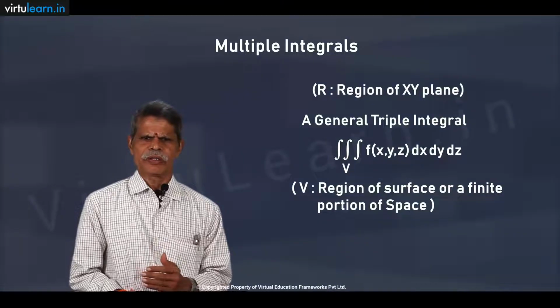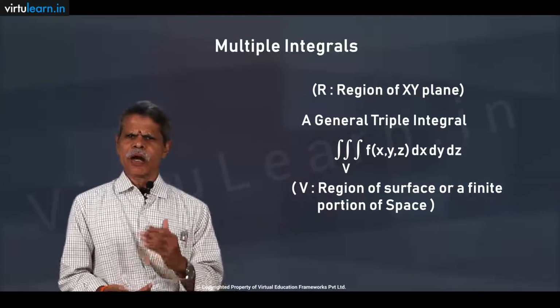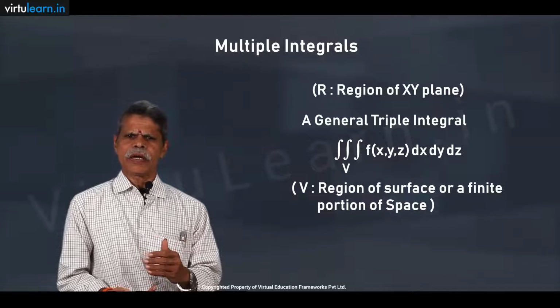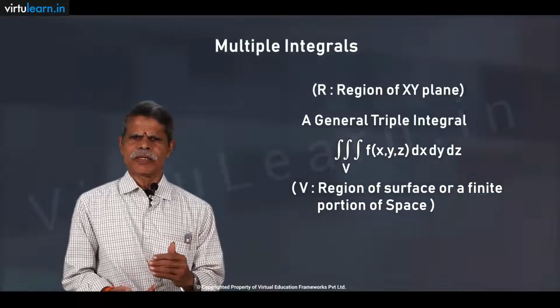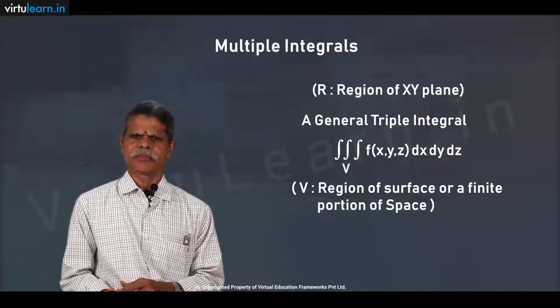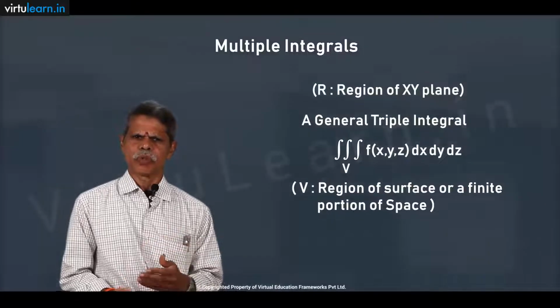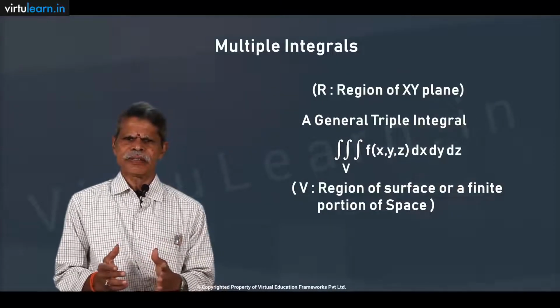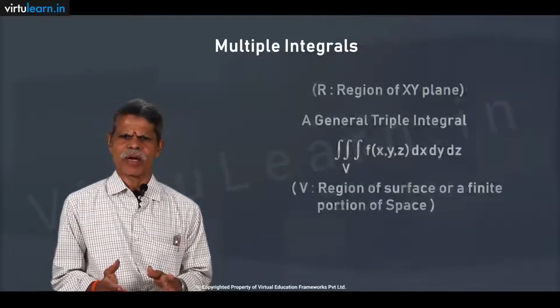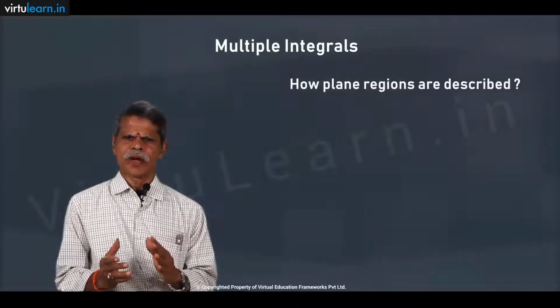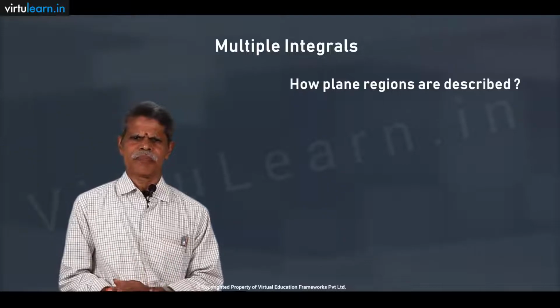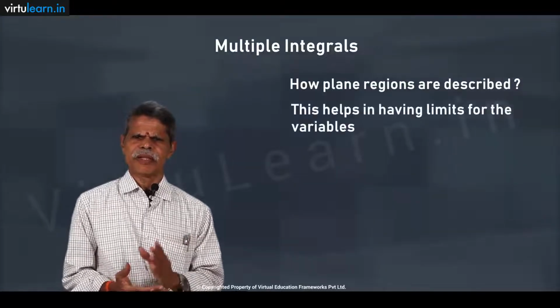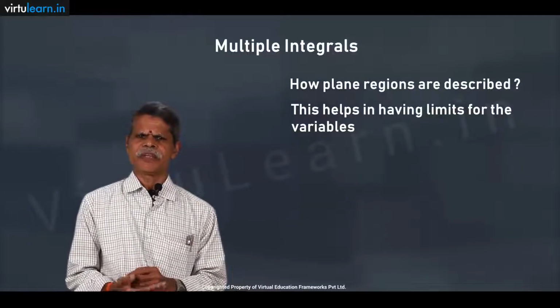So if we think of how an area or a portion of the xy plane is represented, then we will be able to know the limits. So how a plane region R of the xy plane is described helps in obtaining the limits for the variables.